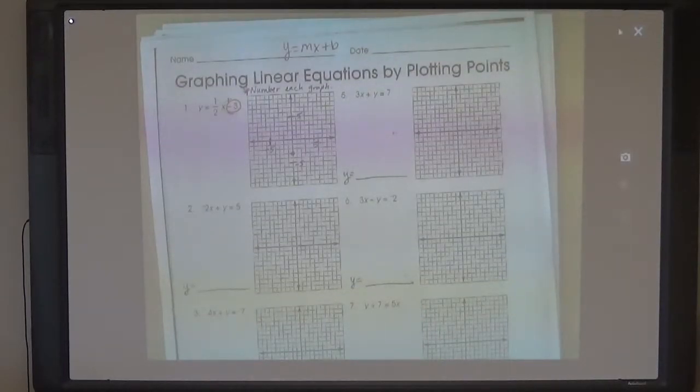Then notice that b is the number that is not next to the x. So this is b. Okay? And then this translates to this point on the y-axis. Do you see that? That's where -3 would be on the y-axis. Right? Mark -3.